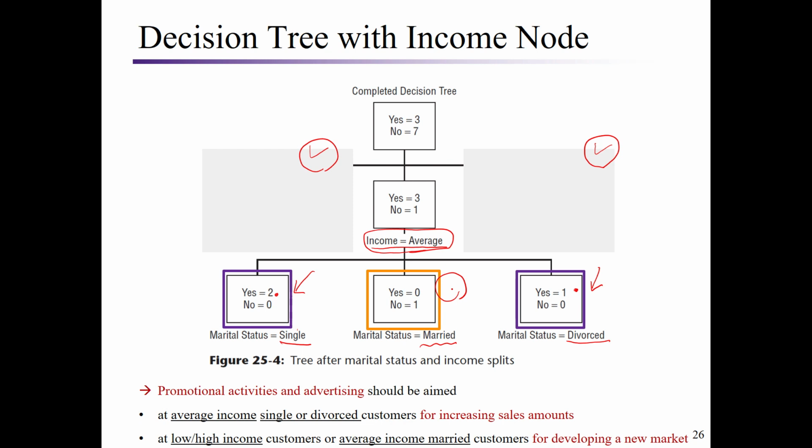The reason is that in these nodes or segments, people did not buy. Therefore, they could be new markets. So, for example, you can lower the price a lot for low income customers, or you can introduce premium products for high income customers.